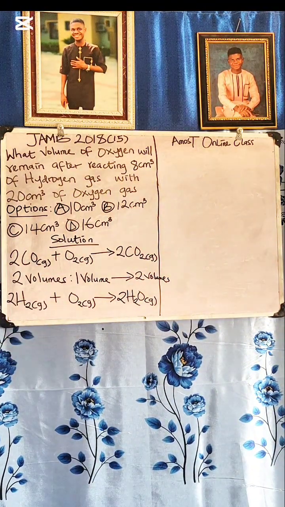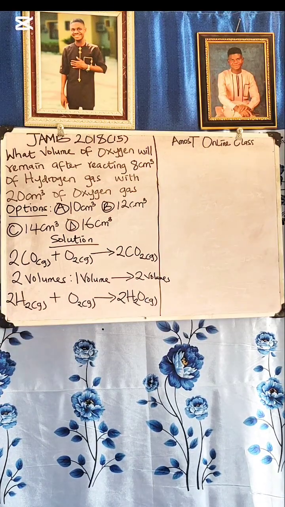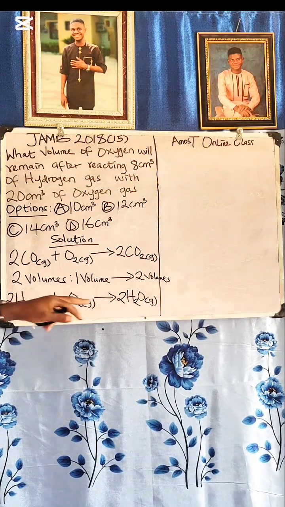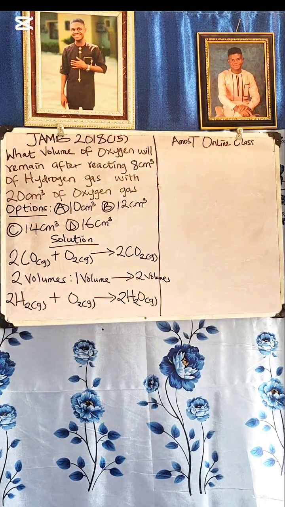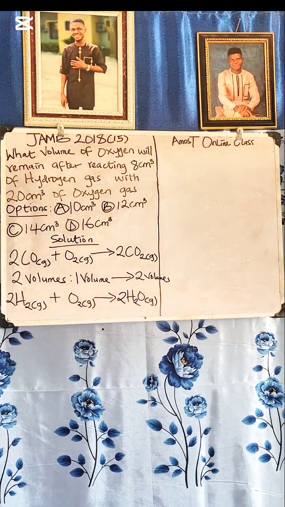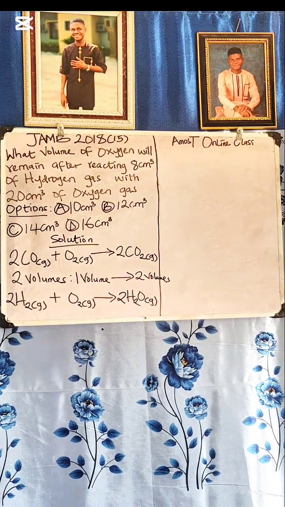Now according to Gay-Lussac, 2 volumes of hydrogen gas will react with 1 volume of oxygen gas to give 2 volumes of water vapor. In essence, 2 cubic cm of hydrogen gas will react with 1 cubic cm of oxygen gas to give 2 cubic cm of water vapor.